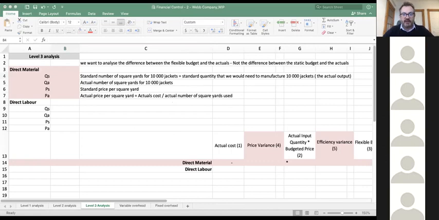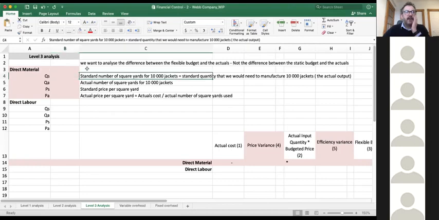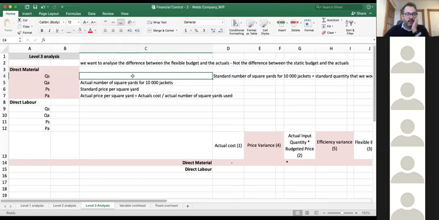I'll try to organize my screens so I can see everything at the same time. Okay, so you should be seeing my screens. Okay, so it says that we need 2 square yards. I'm just reading the PowerPoint.